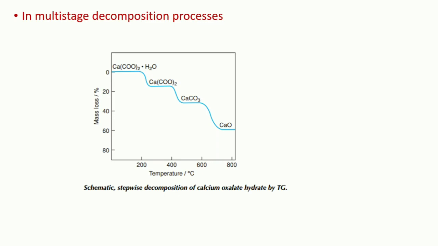A good example is the decomposition of calcium oxalate monohydrate as depicted in this picture. The decomposition occurs in three clear stages, giving as intermediates anhydrous calcium oxalate and calcium carbonate.